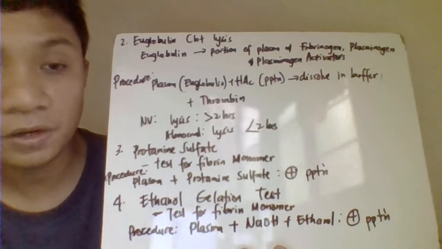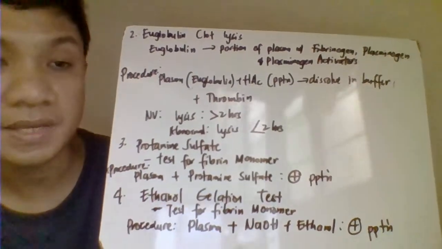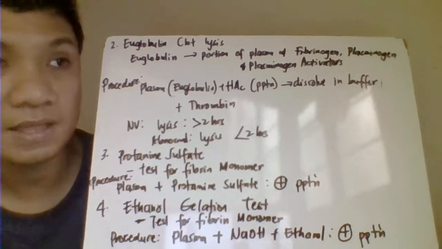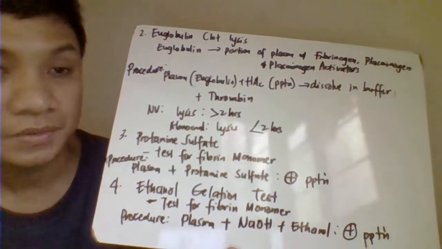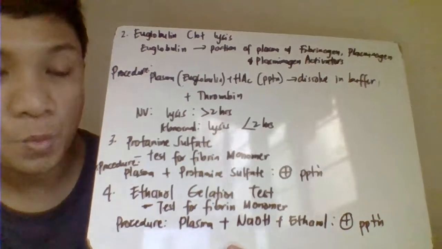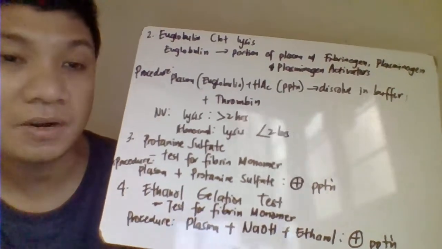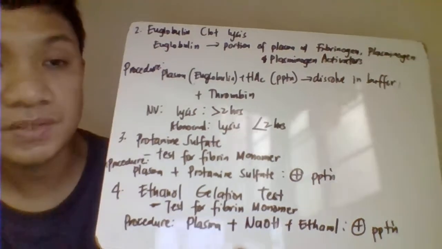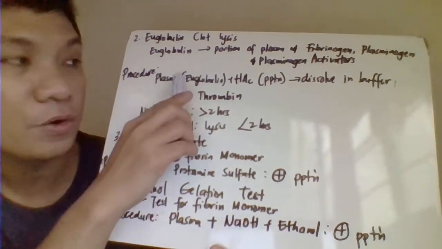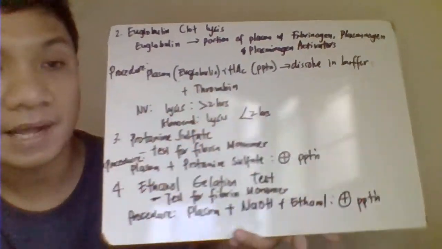Another one, we have your euglobulin clot lysis time. Your euglobulin represents the portion of the plasma containing the fibrinogen and plasminogen activators. So you want to measure kung kailan magla-lyse ang euglobulin natin. First, you need to precipitate your euglobulin by addition of acetic acid.